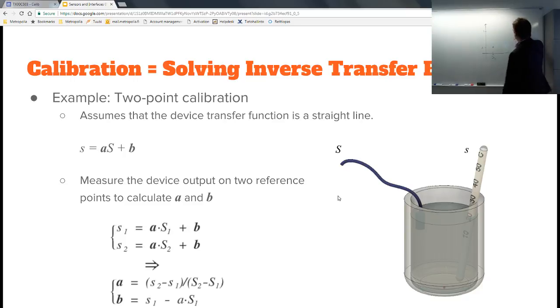You have the calibration points. So then you know that the line follows A times S plus B. So that's the B, and then the slope is the A. Okay, that's simple enough.